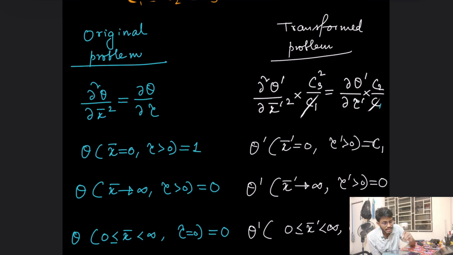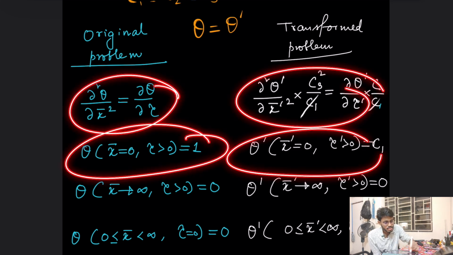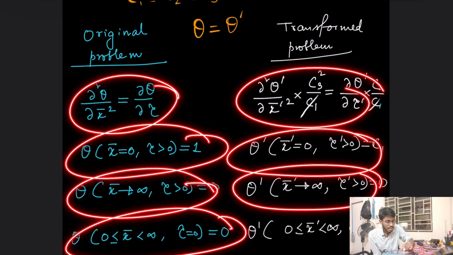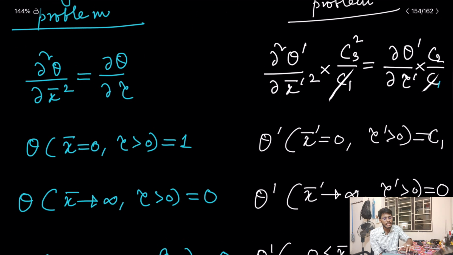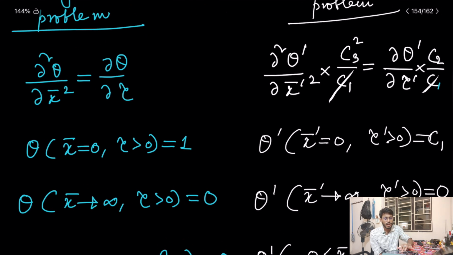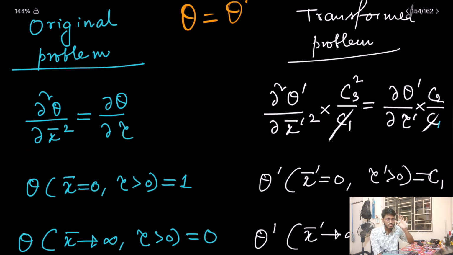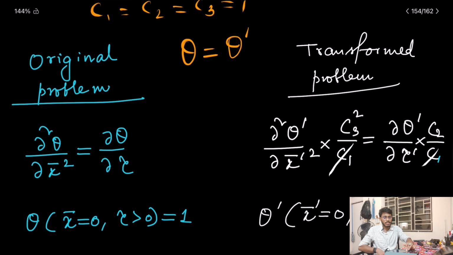Now my question is, can I have any transformation such that theta is equal to theta dash? If I have to have this, then I will require the governing equations and the boundary conditions exactly the same. If and only if I am having all the boundary conditions and the governing equation the same, then for every time I will get the same solution, theta equal to theta dash.